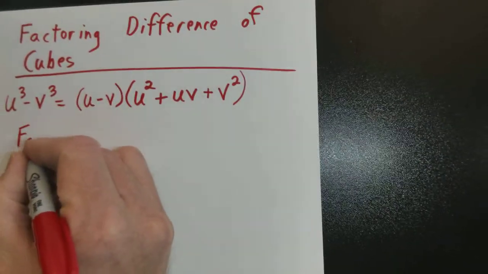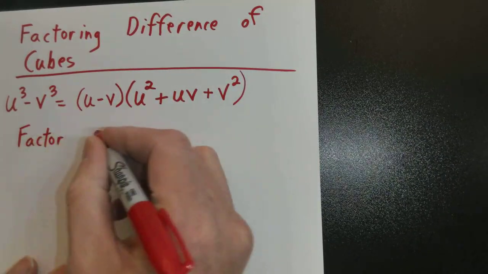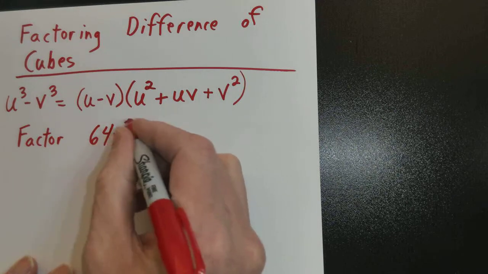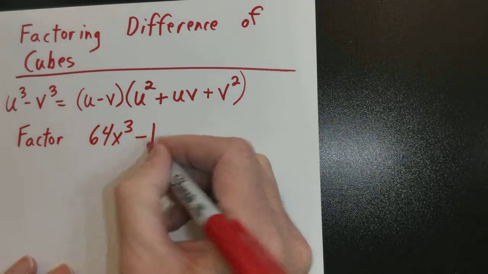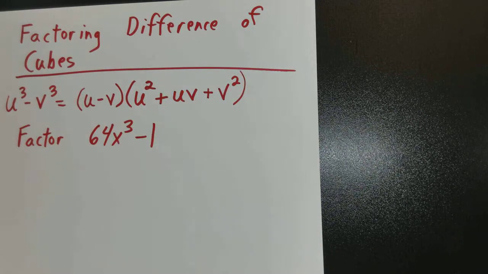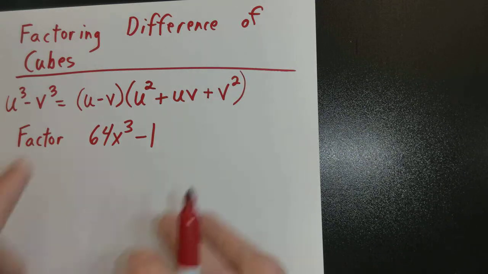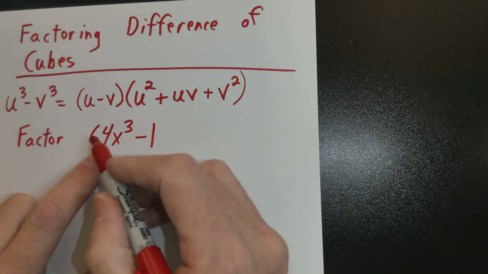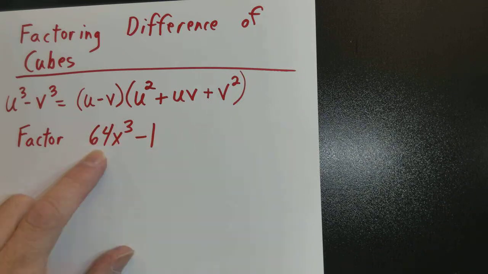Let's factor 64x cubed minus 1. Anybody know what the cube root of 64 is? 4 times 4 is 16. 16 times 4 is 64.